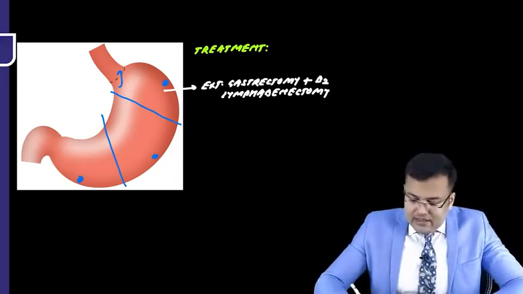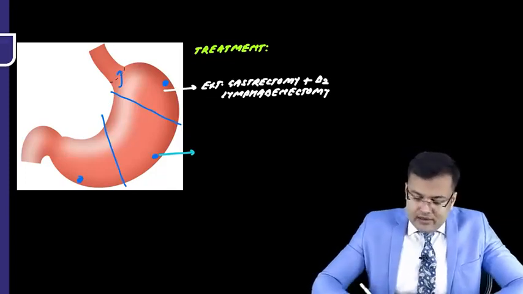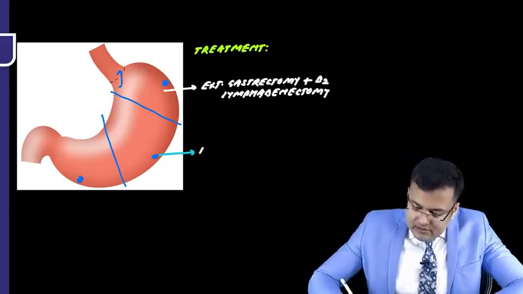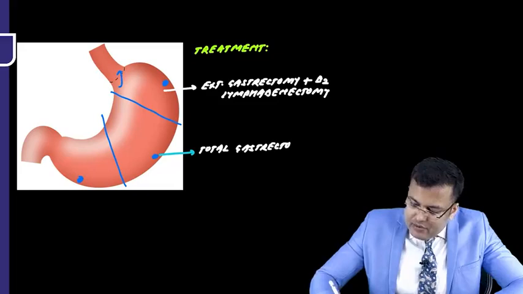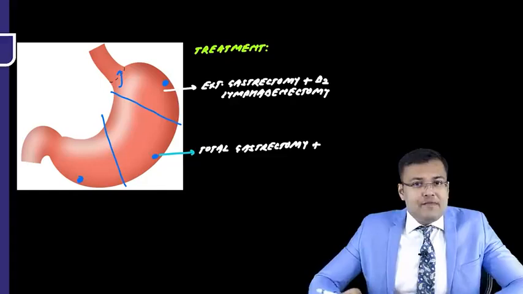Whenever the malignancy is located in the middle one-third, we go for total gastrectomy, and apart from total gastrectomy, we go for D2 lymphadenectomy.